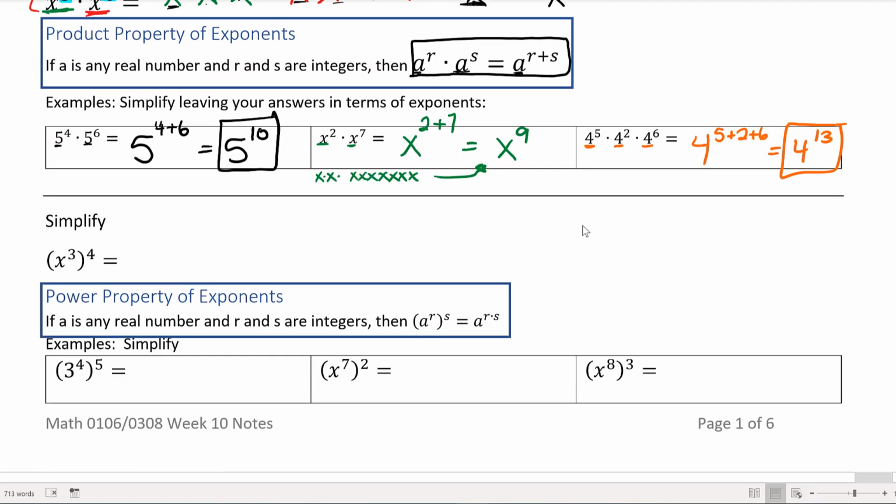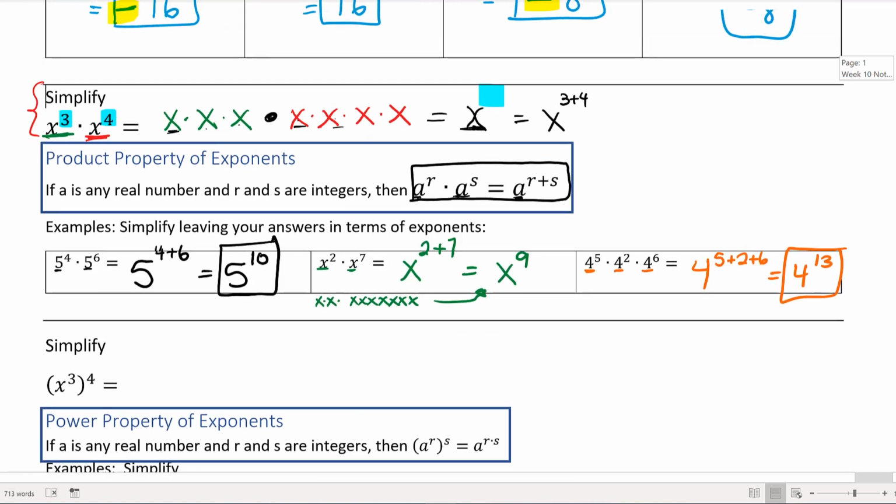Our next rule is often confused with the product property rule above. So that's why I like to do them right next to each other, just so that you don't get them confused in the future. So we have x cubed to the fourth. Now, how is this different than the last example that I just showed you?